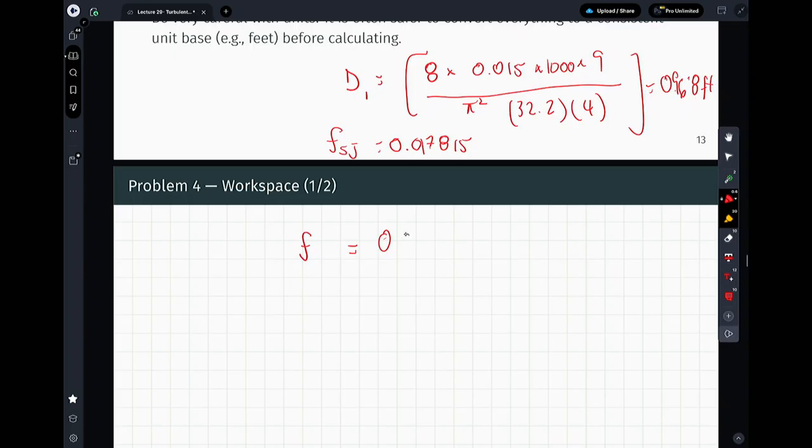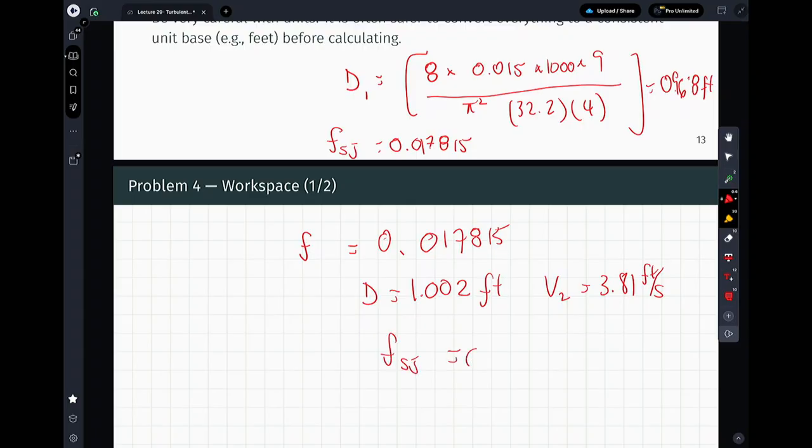So 0.017815, diameter equals 1.002 feet. V2 equals 3.81 feet per second. f of Swamee-Jain is 0.01770.